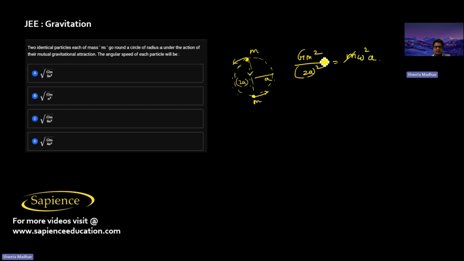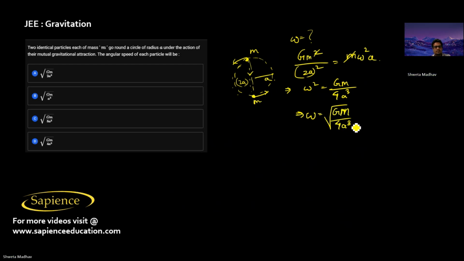Therefore m will get cancelled, and the angular speed omega only has been asked. So this omega square is equal to G m by 4 a square into a, that is 4 a cubed. So omega will be equal to root over G m by 4 a cubed. Option D is the correct answer.